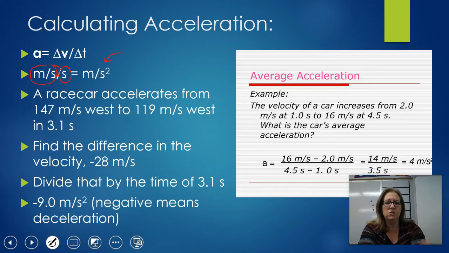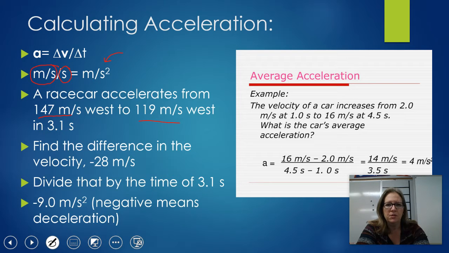So imagine you have a race car and it's accelerating from 147 meters per second west to 119 meters per second west, and the time difference was 3.1 seconds. Okay, so just by reading it, we can see that it's slowed down, but that is a form of acceleration.